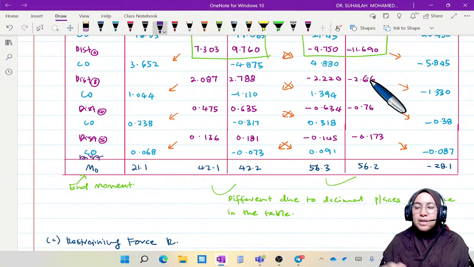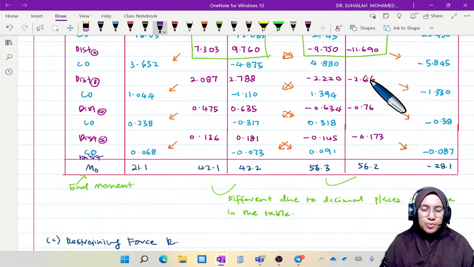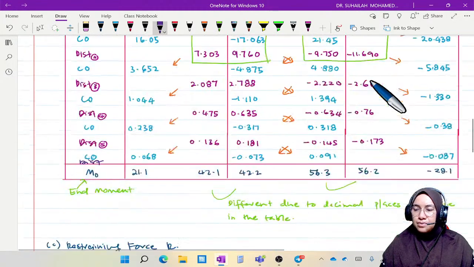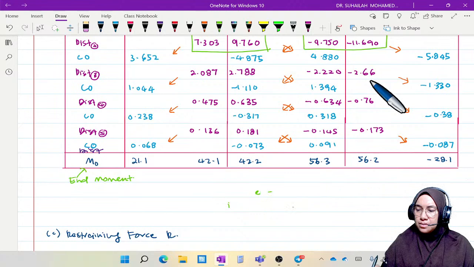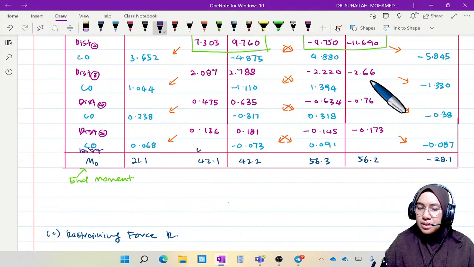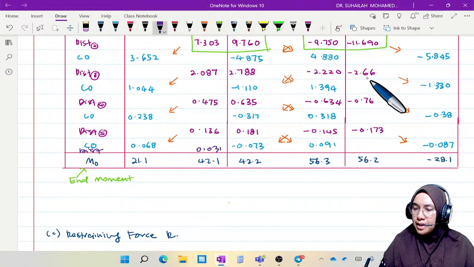It should be another line. Distribution value, it is 0.073 times 0.428. Okay, we get 0.031.